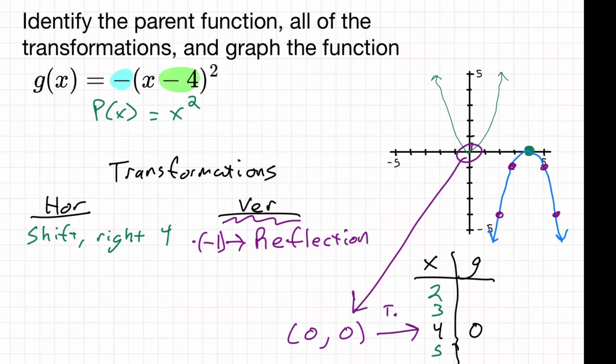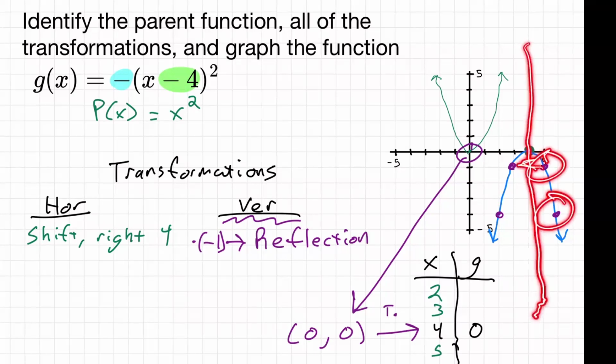I can just do the next points, right? Plug in 2, 3, 5, 6, and I get the 5 points I need. Okay. My other hint was, the nice thing about quadratics and even the absolute value one, it's not even, right? If I plug in negative x, it won't help me, but the graph itself still has symmetry. So if you remember that, just focus on those 2 points and copy them over. Okay, it's another great way to do that.